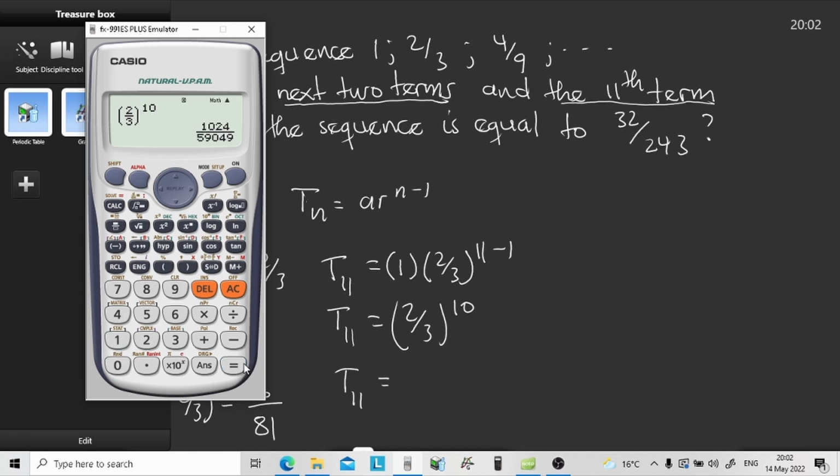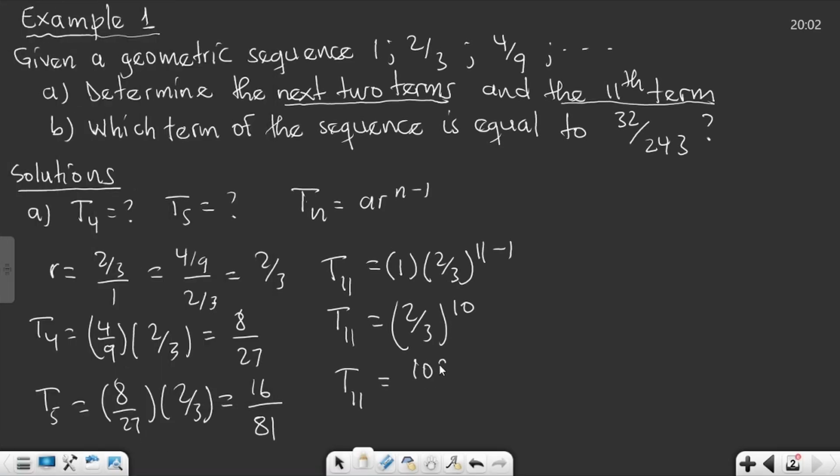So you have, can you see? 1024 over 59,049. Okay, let me write it. It's 1024 over 59,049. So this is our T11. Can you see that? Okay, we have solved for question A.